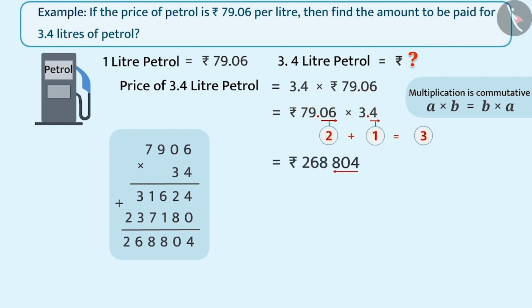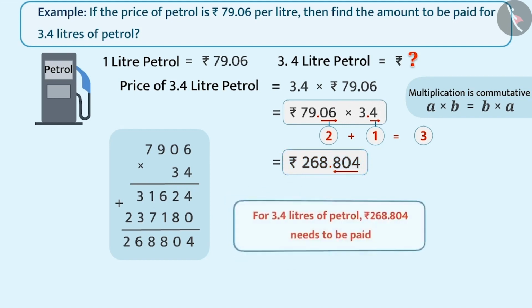So we will place the decimal point in the answer, leaving 3 digits from the right side. This will give us the correct answer as 268.804. Thus, rupees 79.06 multiplied by 3.4 is equal to rupees 268.804. Therefore, for 3.4 litres of petrol, rupees 268.804 needs to be paid.